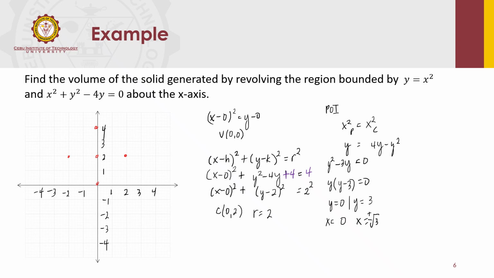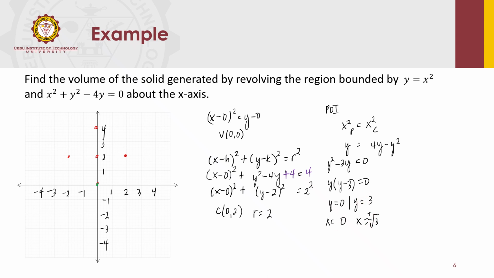And before we do that, the circle is a bit crooked, or maybe just a portion of it is needed for this problem. For the parabola opening upward, the vertex is at (0, 0), the same point here, and they meet at positive square root of 3, that's approximately 1.7, and then y is 3.